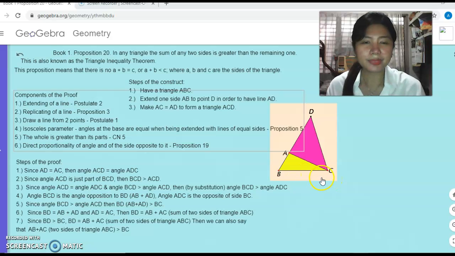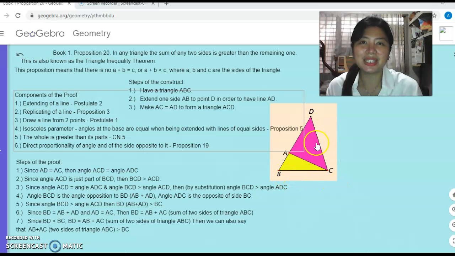And since the whole is greater than its part, we can say that angle BCD is greater than angle ACD. And since angle ACD and angle ADC are equal to each other, we can substitute, replacing angle ACD with ADC. We can say that angle BCD is also greater than angle ADC.